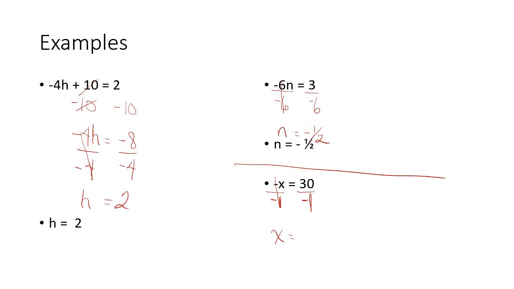So x is equal to 30 divided by negative 1, which is negative 30. Now you try it. I'll give you a minute. Better yet, just pause it.